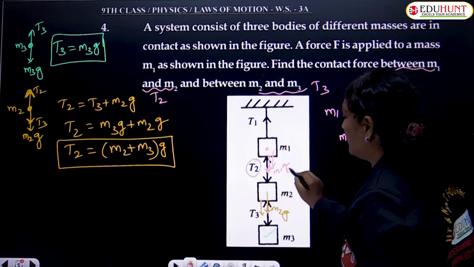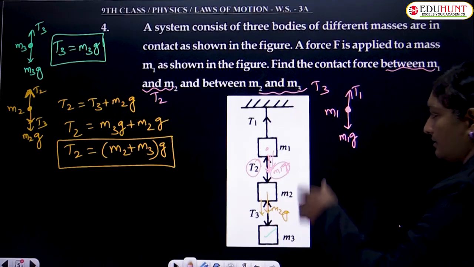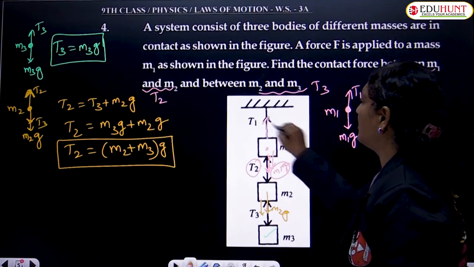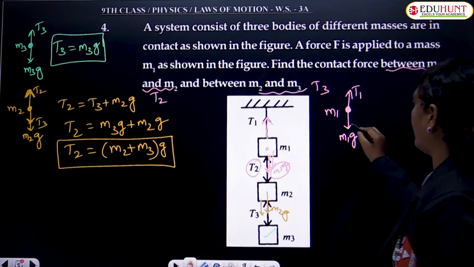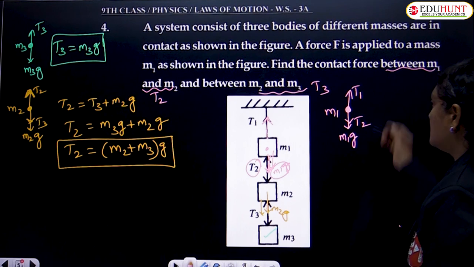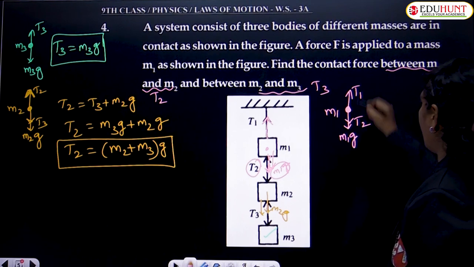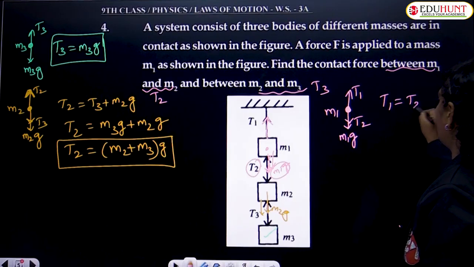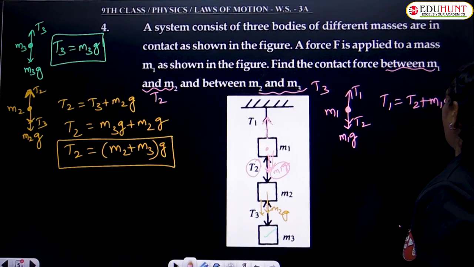So both T2 as well as M1G, the weight of the body, are acting downwards, whereas the upward force is only T1. So now writing the equations, we have upward force equal to downward force. So T1 must be equal to T2 plus M1G.